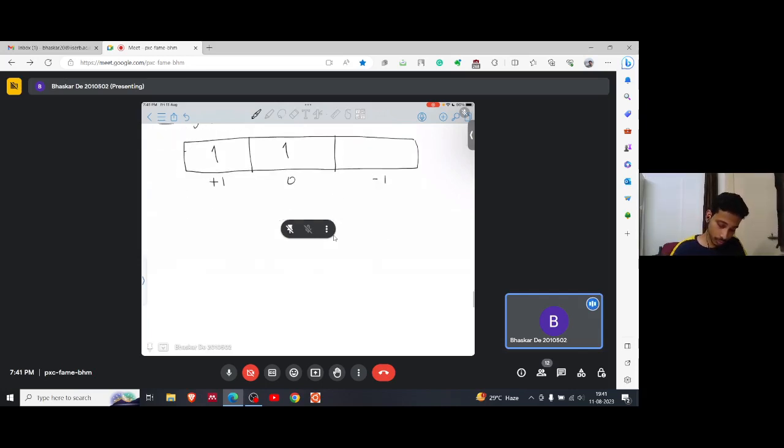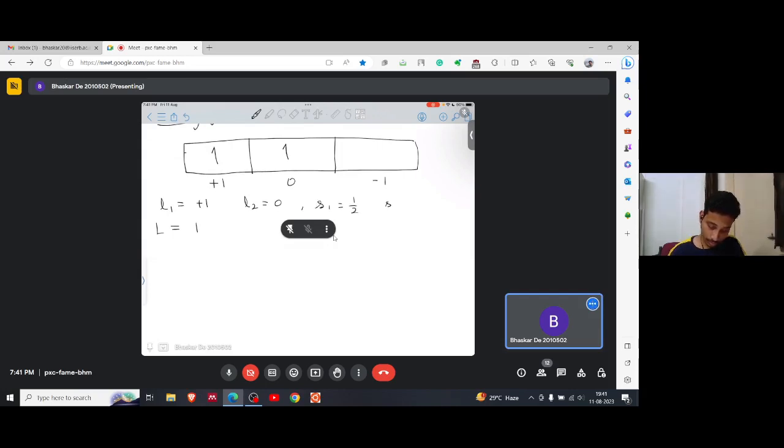So there are 2 electrons, L1 equal to plus 1, L2 equal to 0. So then capital L is 1, and then S1 is plus half, S2 is plus half, then capital S equal to 1.